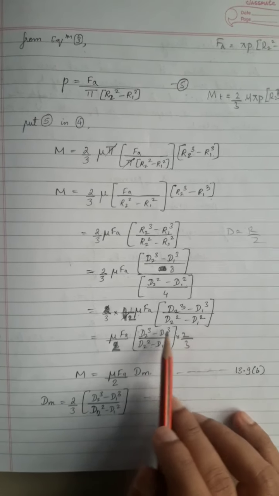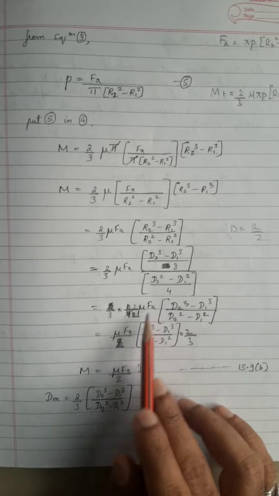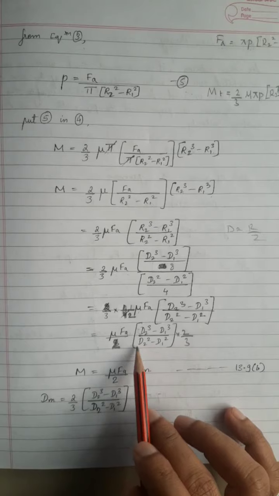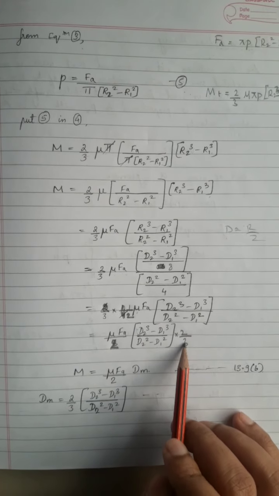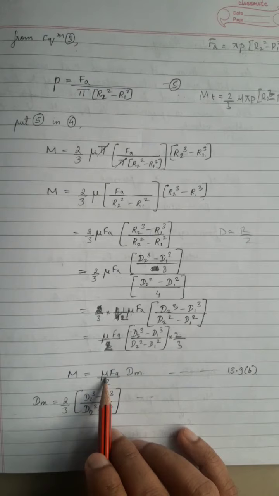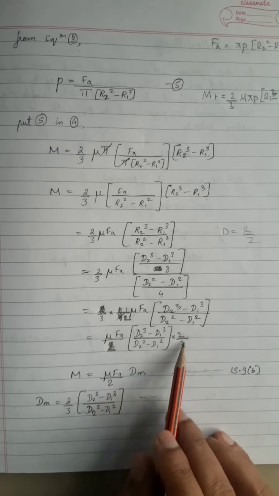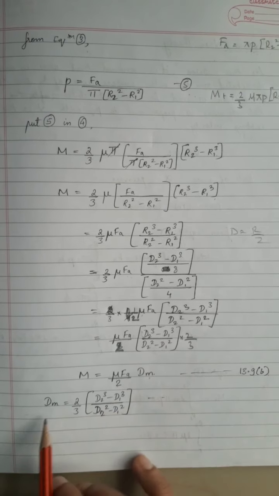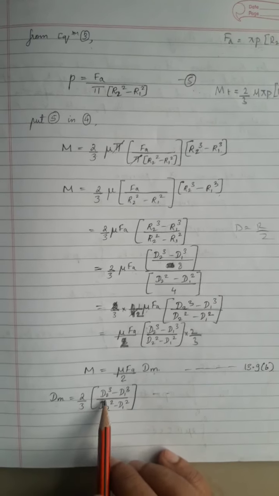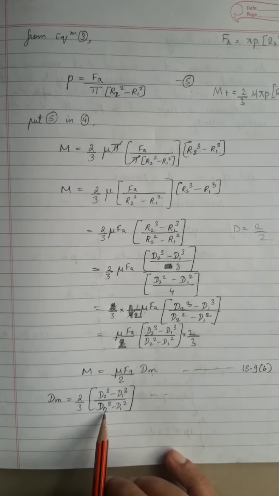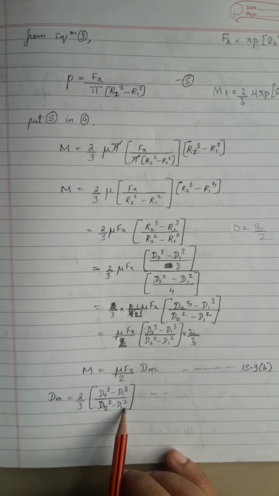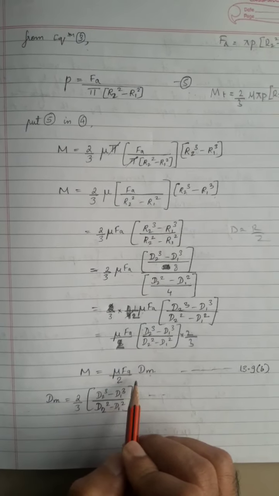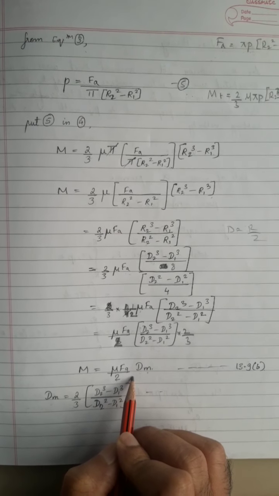So now we write mu into Fa divided by 2 into this term, which we write as dm, where dm is equal to 2 by 3 into (d2 cube minus d1 cube) divided by (d2 square minus d1 square). So this is the torque according to the uniform pressure theory.